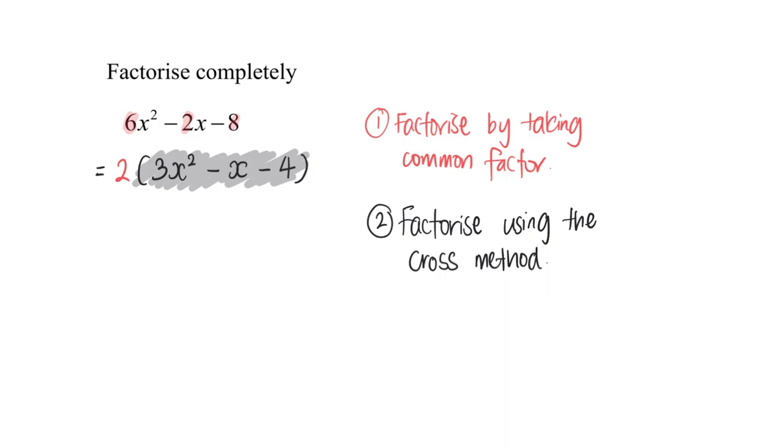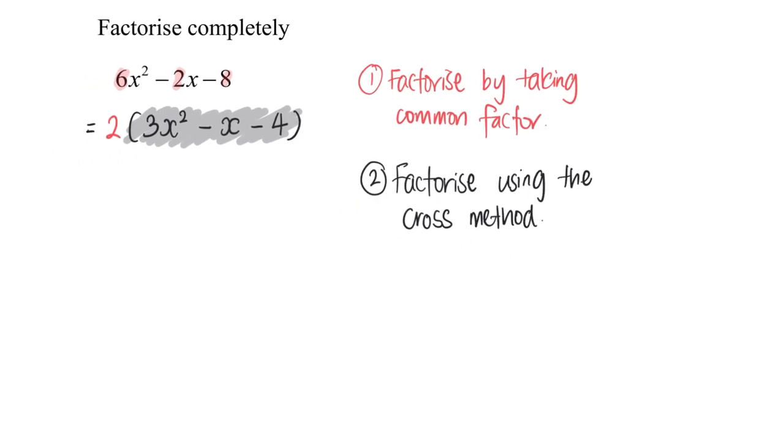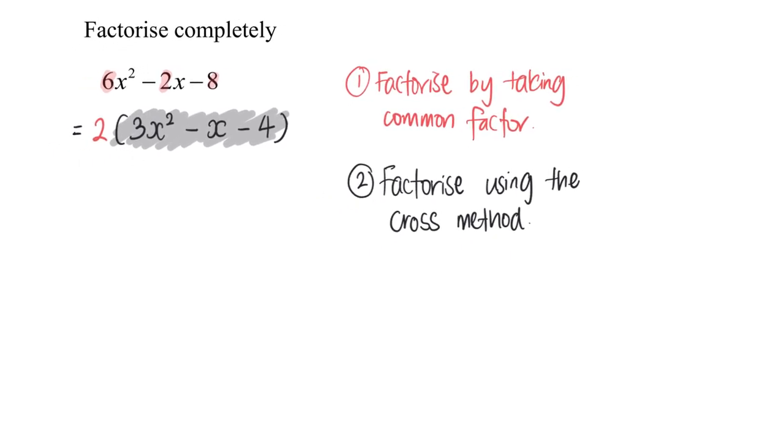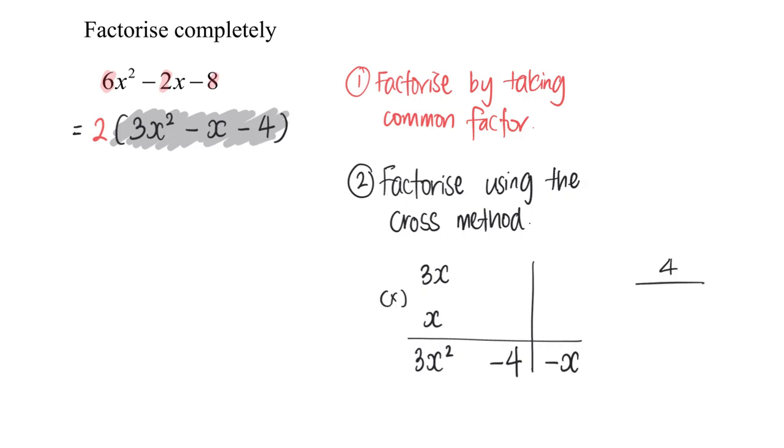So in this case here, at the side here, I would have this particular table where I will write down 3x squared is here, negative 4 is here, and negative x is here. So there's only 3x multiplied by x to give me my 3x squared. As for 4, it can be either 1 times 4 or 2 times 2.